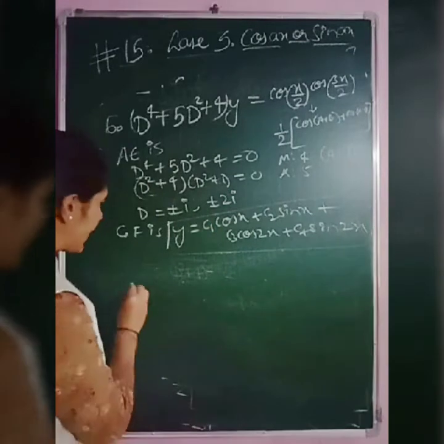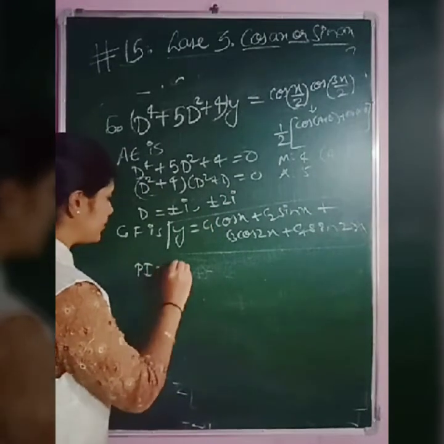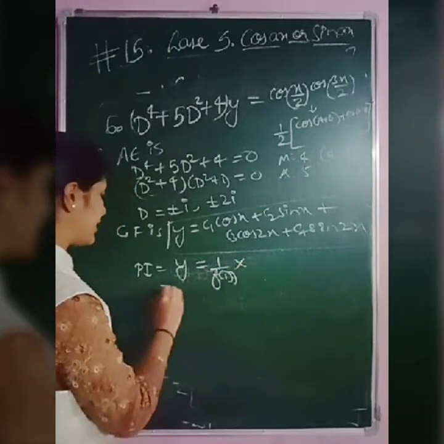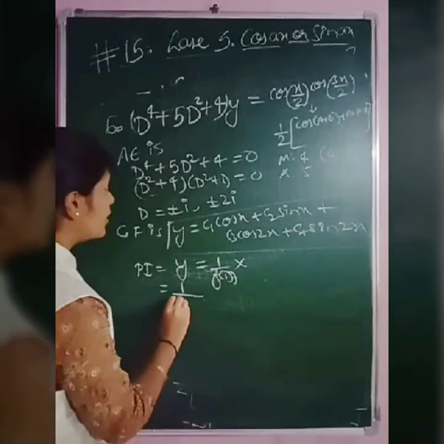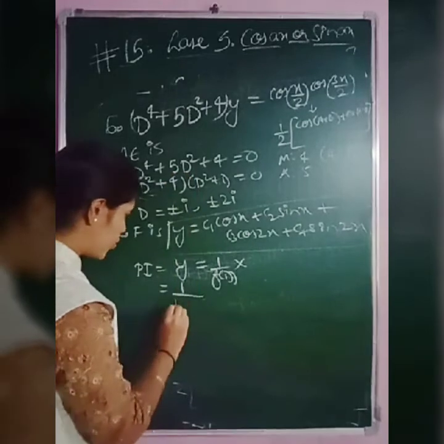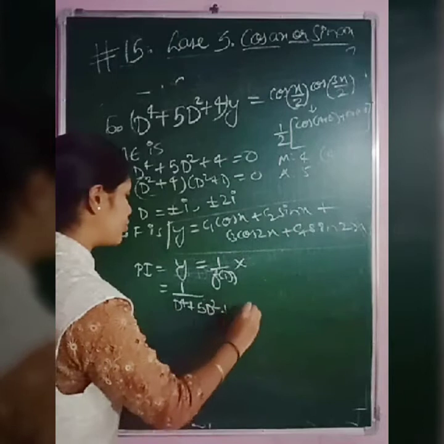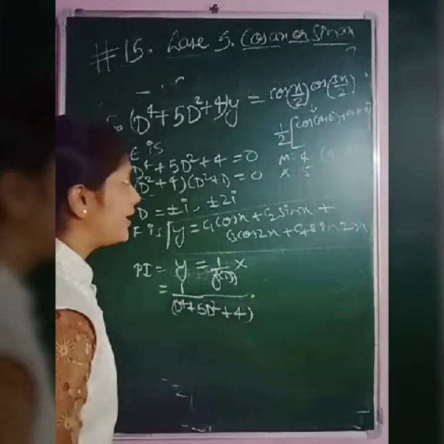Now let us find PI. So PI is nothing but 1 by f(D) of X. For this particular example, what is f(D)? d raised to 4 plus 5d square plus 4, of what is X?